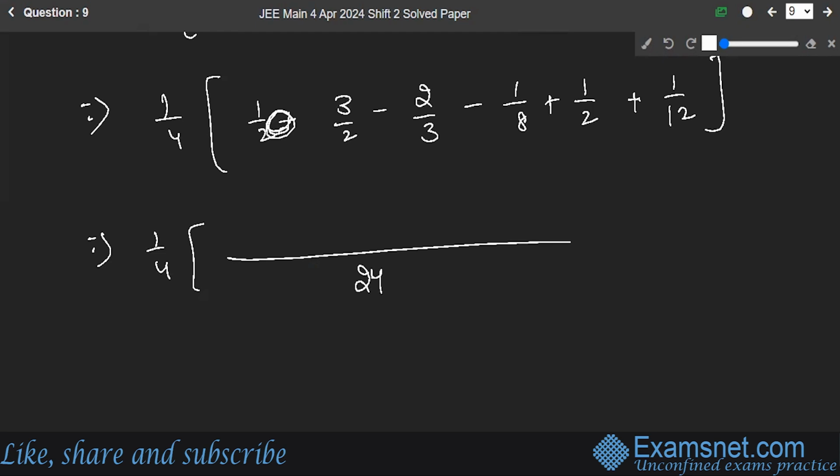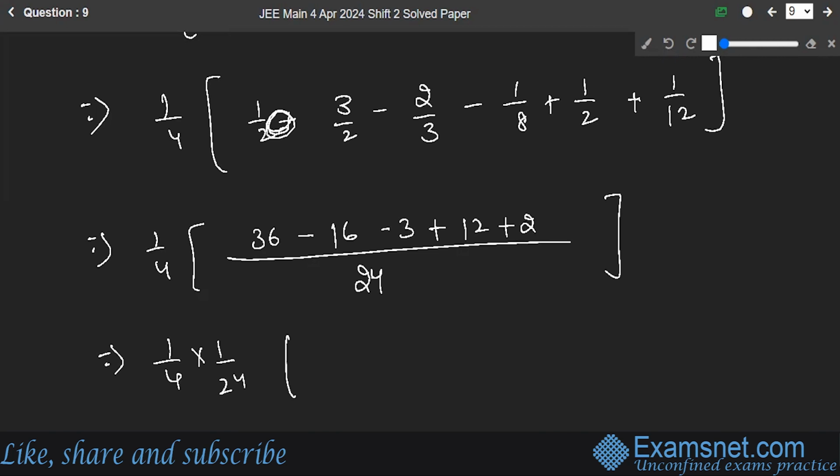So this will be 12 times 3 is 36, 8, 16, 3, 12, and 2. This is 1 by 4 into 1 by 24. I'm taking this outside, and inside it will be 20, and 32 minus 1, this is 31.